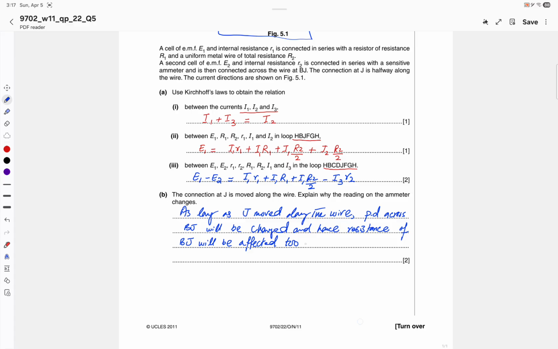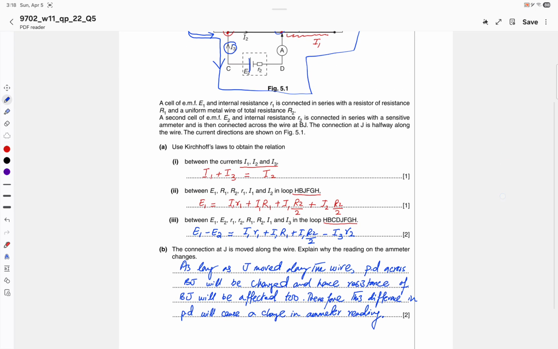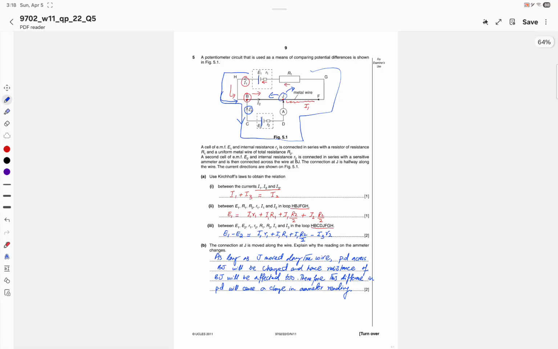Therefore, this difference in PD will cause a change in the ammeter reading.